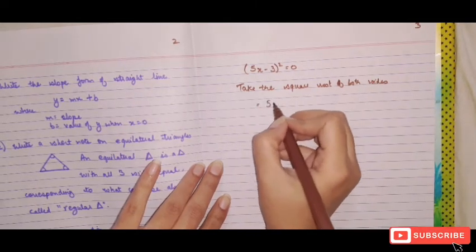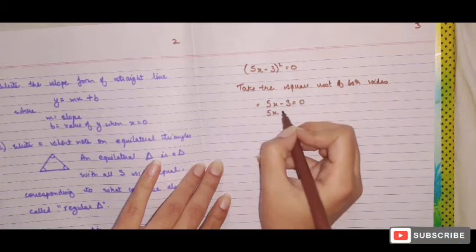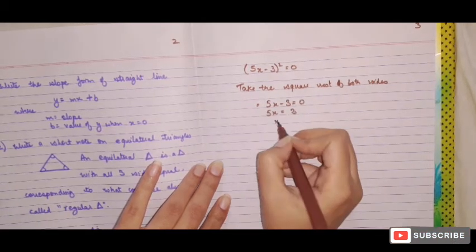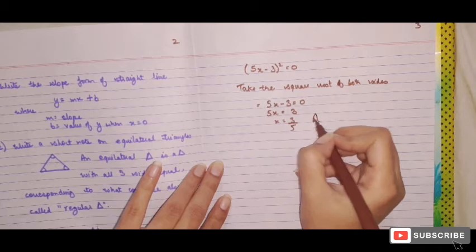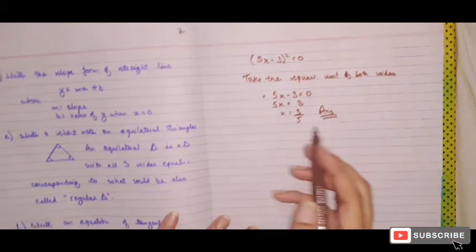We will get 5x minus 3 equals to 0, which is 5x equals 3, x equals 3 by 5. We will get the value of x, which is equal to 3 by 5.